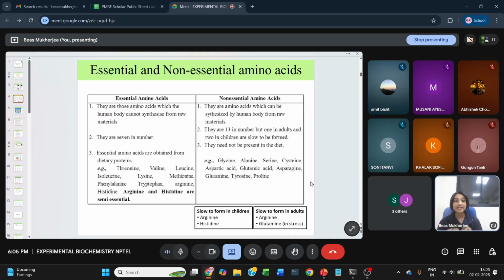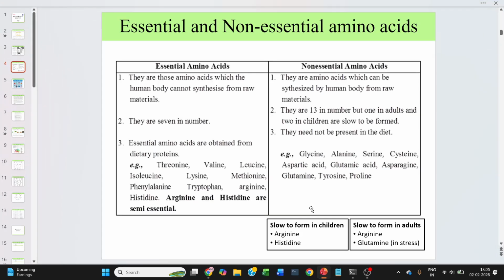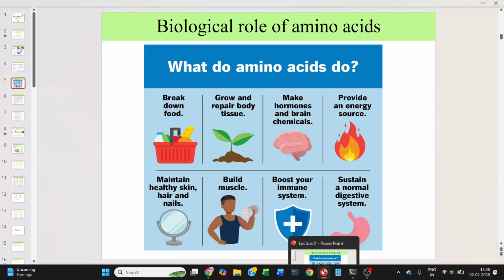Okay, these are made in very less quantity in children, and that is why it's best to take from outside. Now, for example, glutamine in adults is made in less quantity when the body is in stress. Okay.